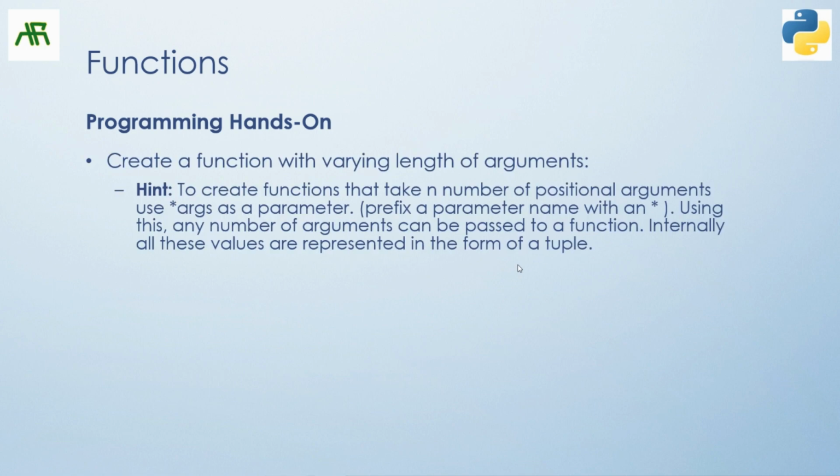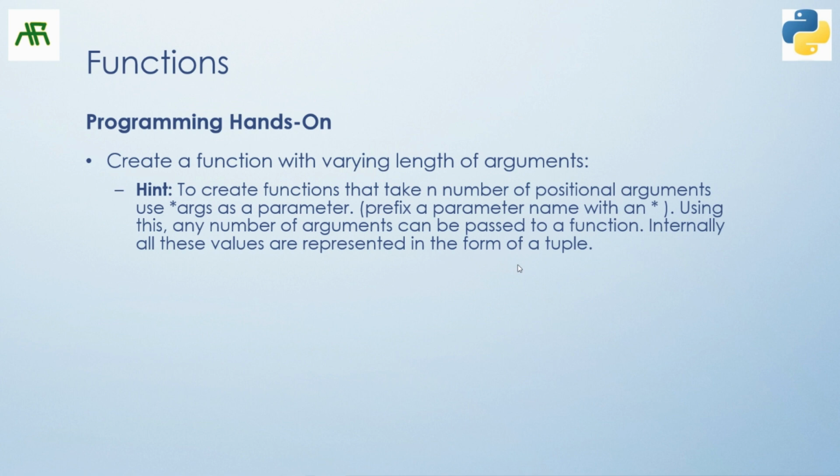First one, create a function with varying length of arguments. Remember, we can have multiple parameters or multiple arguments in a function. So how do we create one with a varying length? Meaning, I define a function with say 5 parameters or arguments, and when I call, I can use only 3 or 4.